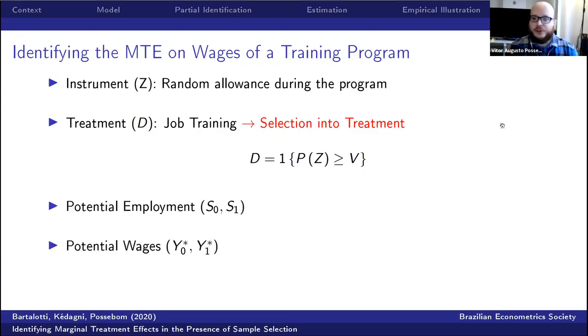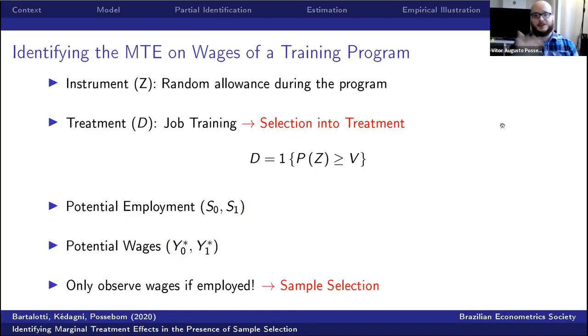Moreover, we have two pairs of potential outcomes. We have potential employment that we denote by S0 and S1, and we also have potential wages that we denote by Y*0 and Y*1. However, we only observe wages if the person is actually employed. And as a consequence, we have our second endogeneity problem. That is, there is sample selection in our problem.